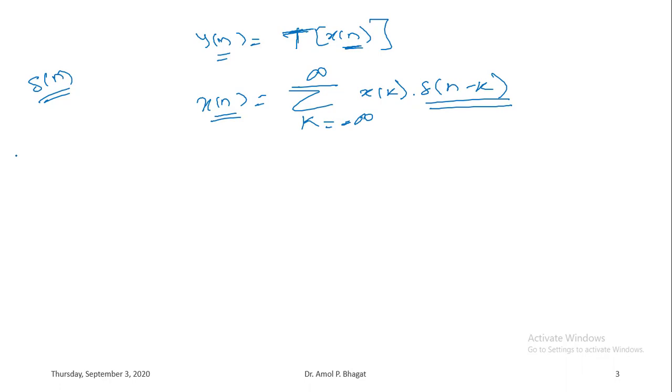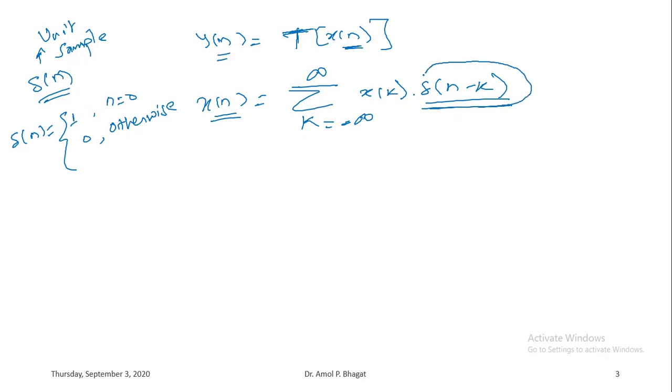We know that del of n is 1 for n equals 0, and it is 0 otherwise. We know this functional form of the unit sample signal. So this equation will exist when this term is 1, that is, when the parameter passed to del is 0.